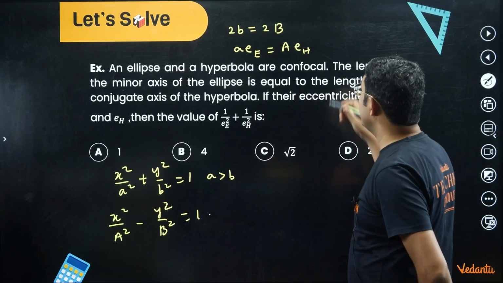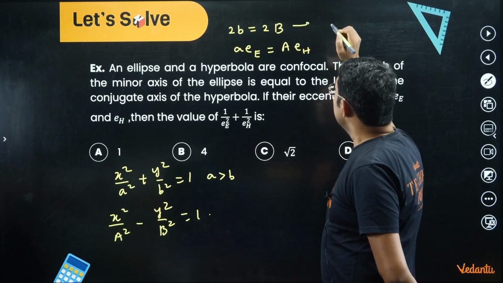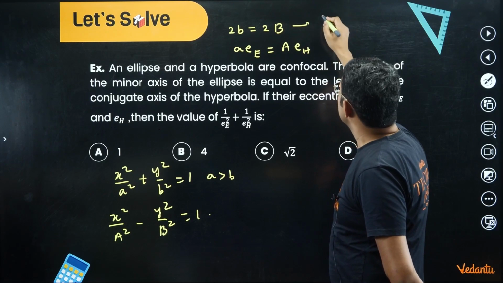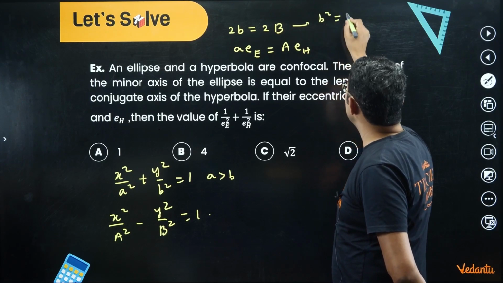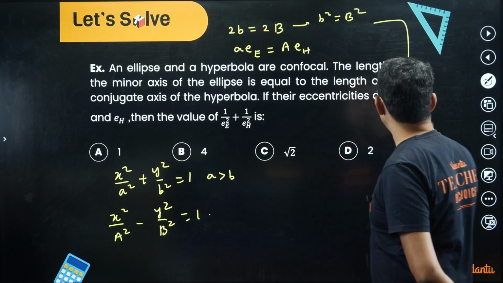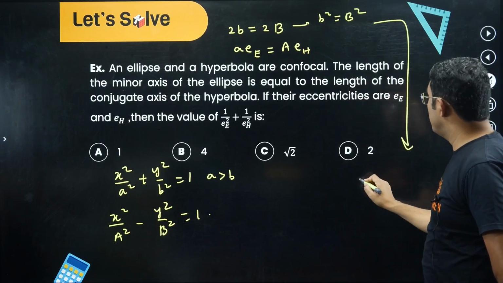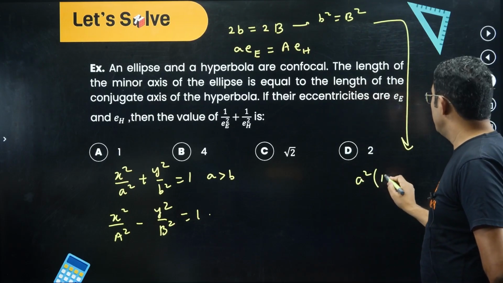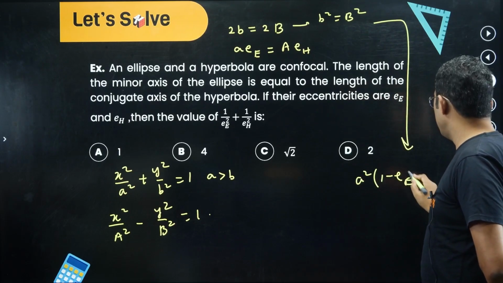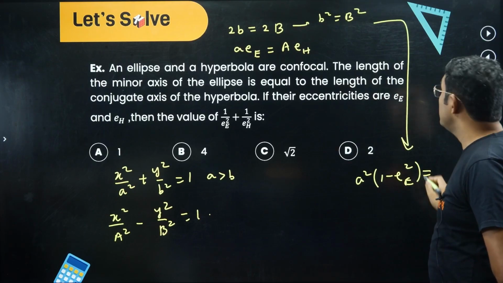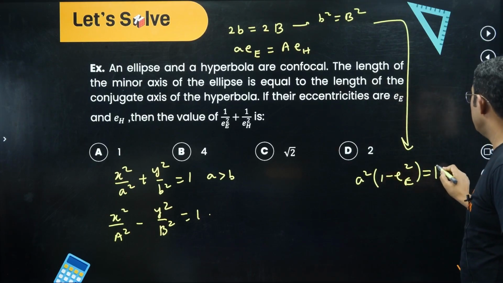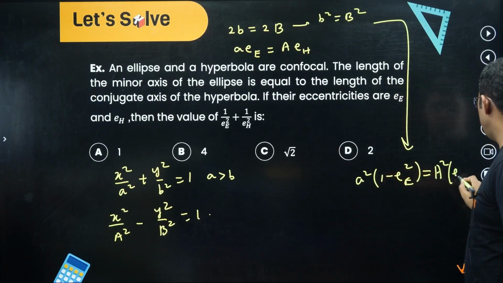So let's do some calculation. If I square this, this will be b square is equal to capital B square. We do it here. So b square will be equal to a square into 1 minus EE square, which is equal to capital A square into EH square minus 1.